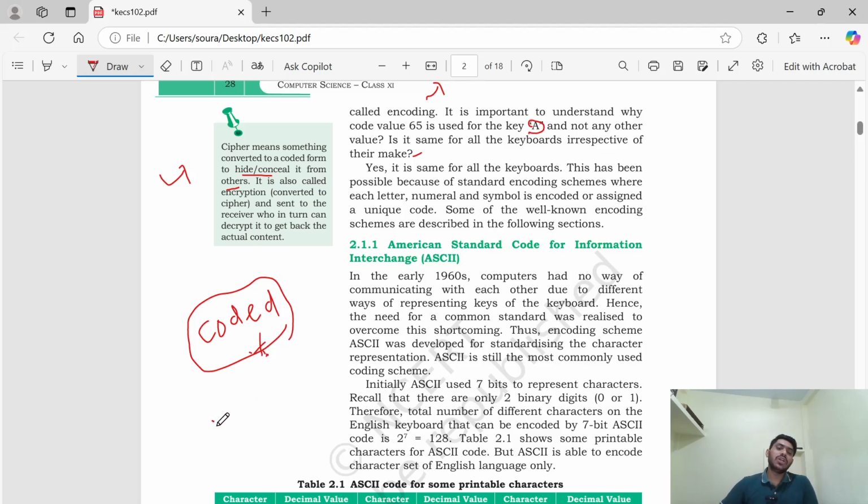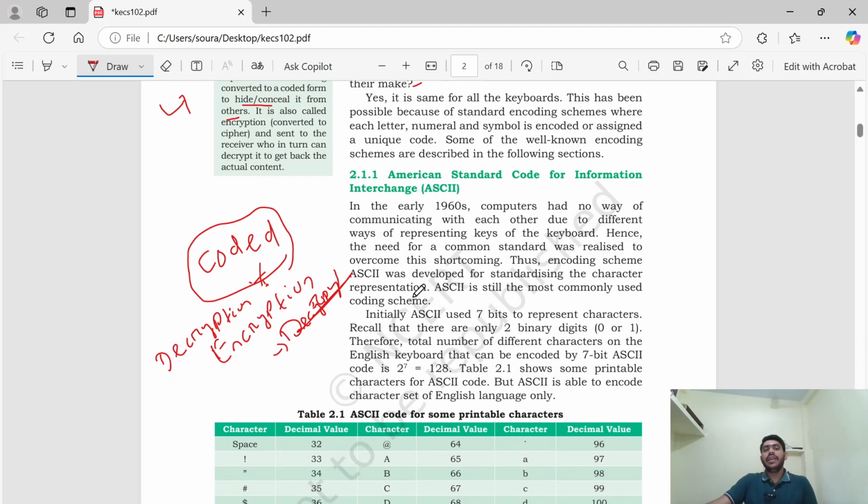So the concept is called encryption and decryption. Clear my point?